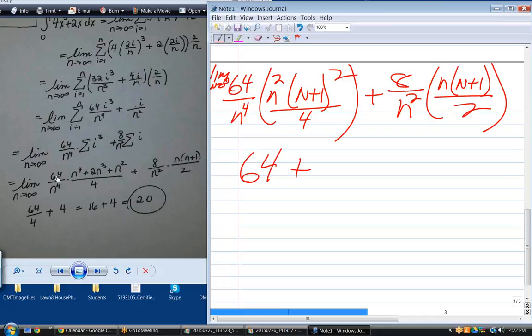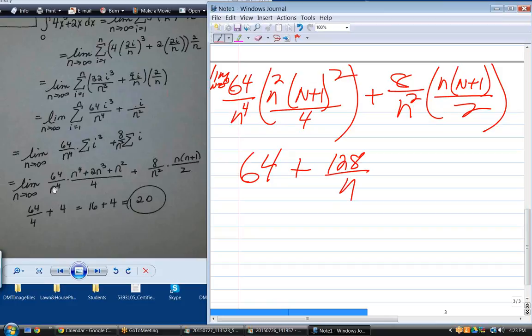When I distribute this quantity to the middle term, what do I get? I get 64 divided by 4 times 2. Anytime I end up with an n in the denominator, I know that term is going to 0. In other words, I end up with 128 over n when I distribute.